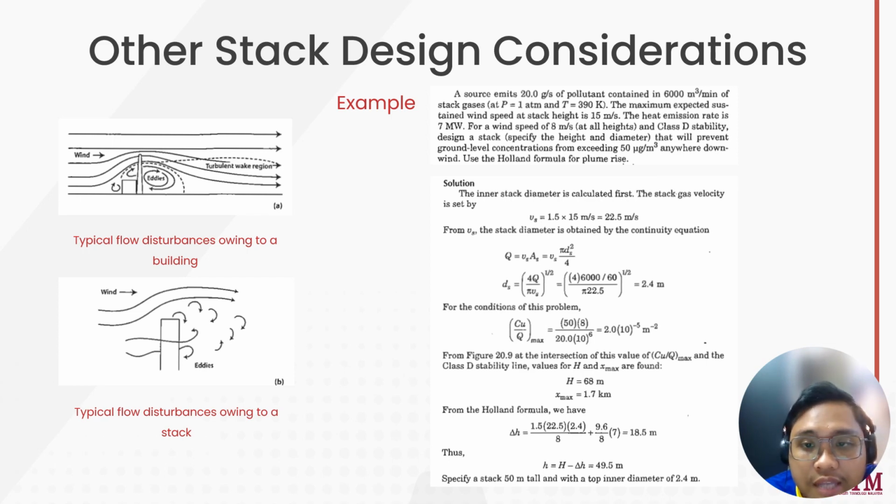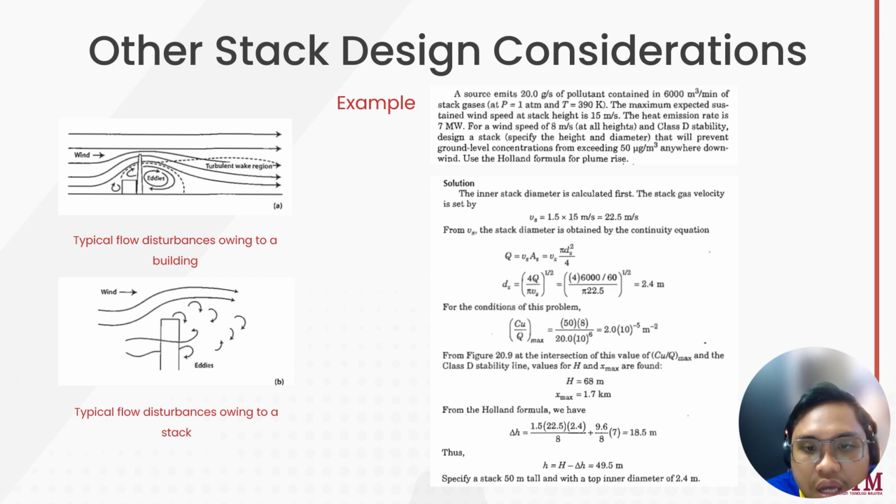The maximum expected sustained wind speed at stack height is 15 meters per second. The heat emission rate is 7 MW. For a wind speed of 8 meters per second at all heights and class D stability, design a stack, specifying the height and diameter that will prevent ground level concentration from exceeding 50 micrograms per meter cubed anywhere downwind. Use the Holland formula for plume rise.